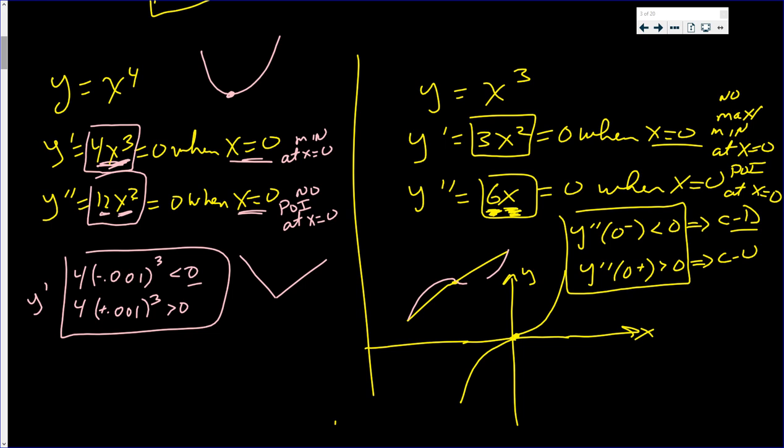So sometimes the second derivative equaling 0 gives you a point of inflection, sometimes it doesn't. I can't think of a function where the first and second derivative are 0 at the same point, and you have no point of inflection and no max or min point.